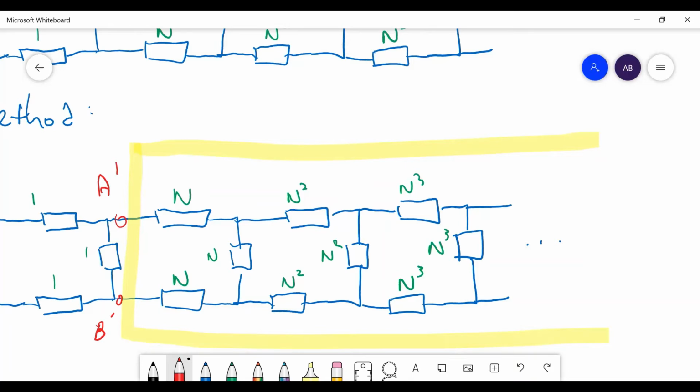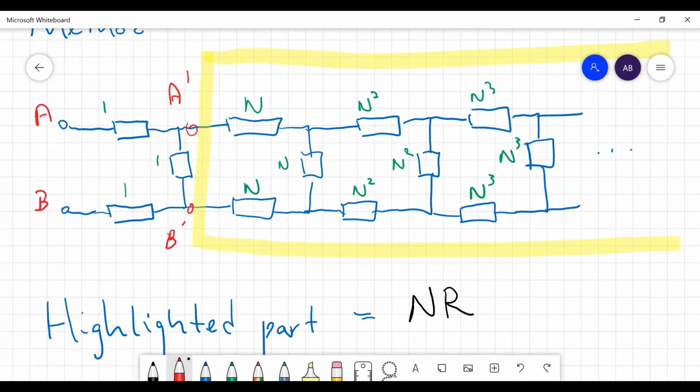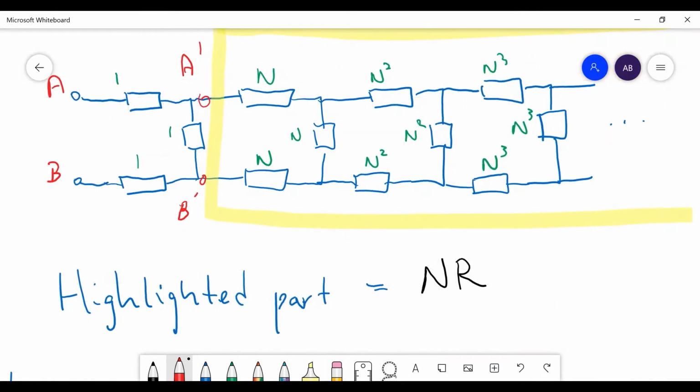So the resistance between point A prime and point B prime is just n times R, because it's n copies of R. So there we have it.